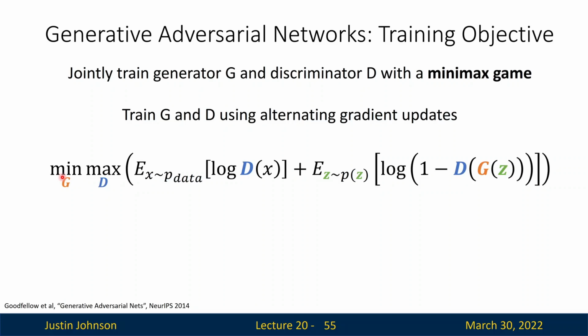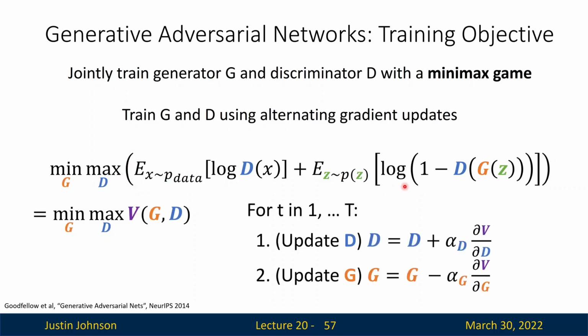For GANs, if we use a V equation to express this term, then there will be a lot of iterations. For each iteration, we will optimize the discriminator and the generator, each of them, step by step.